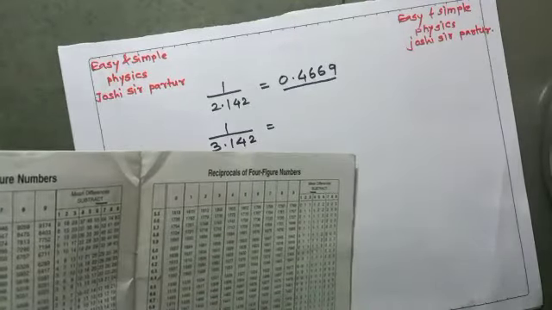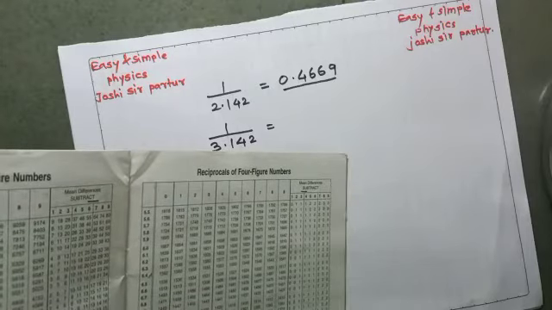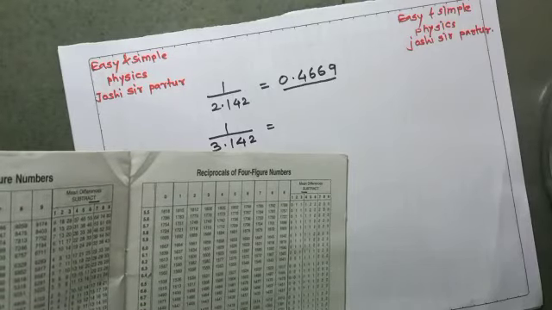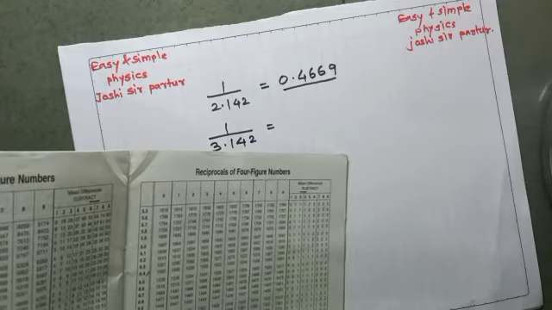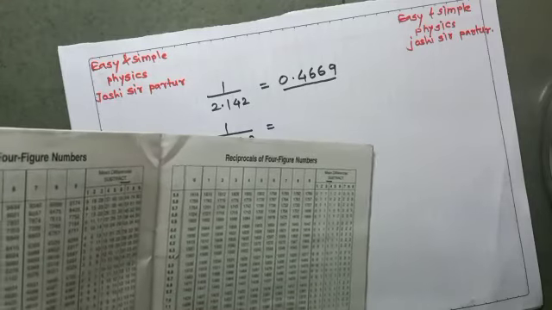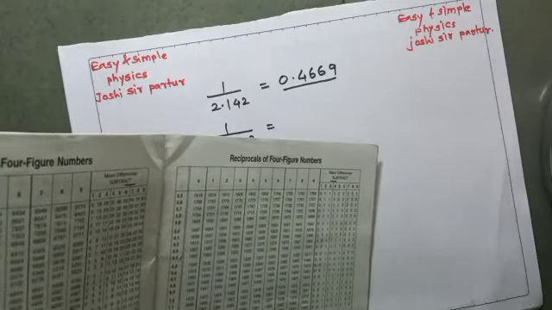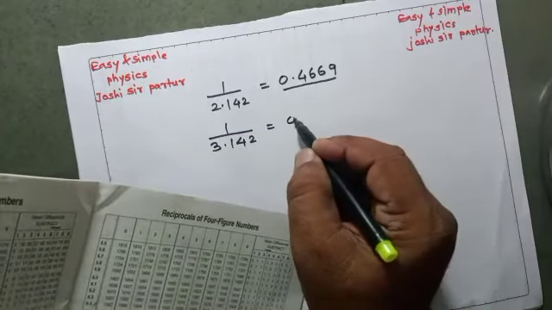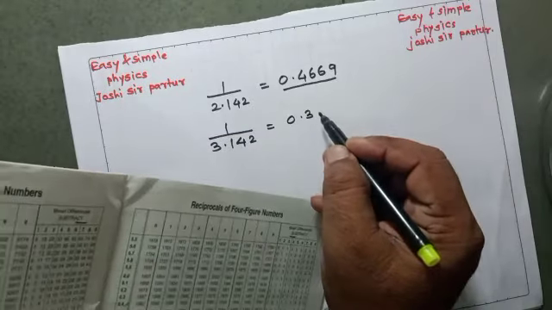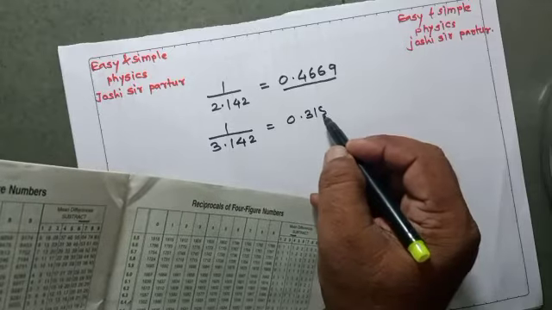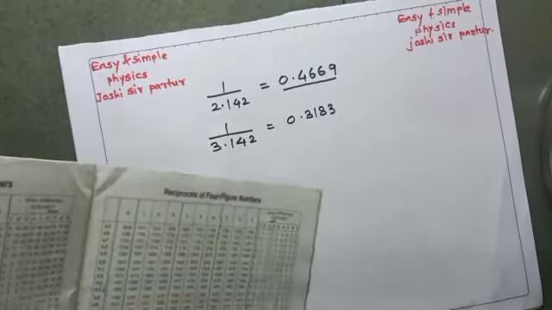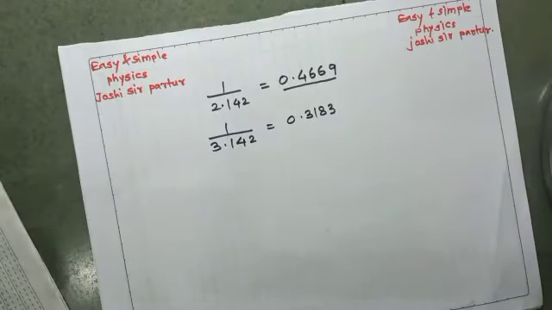So in this 85, 2 is subtracted, so it is 0.3183. So its value will be 0.3183.